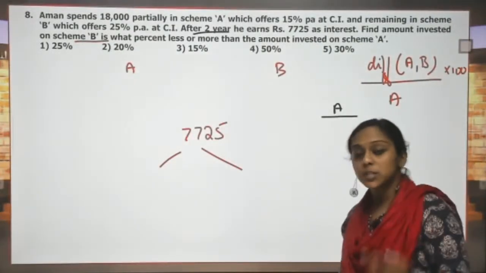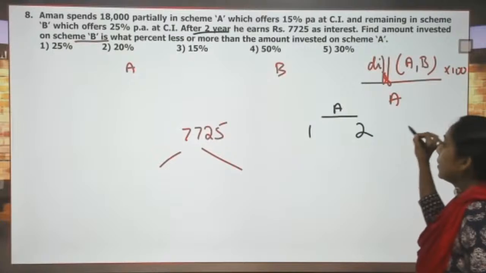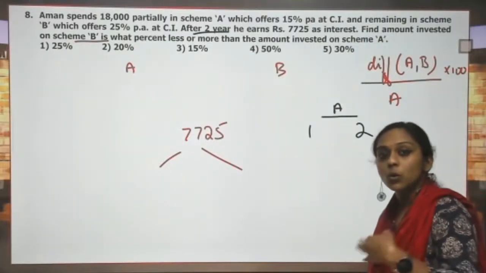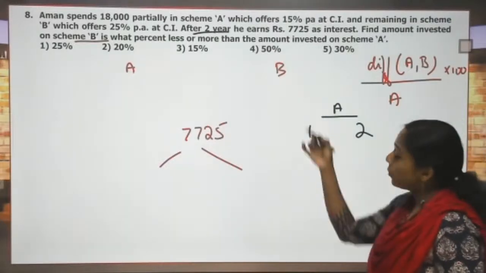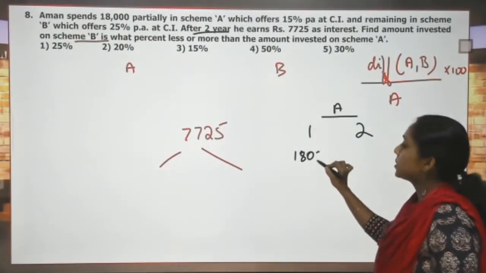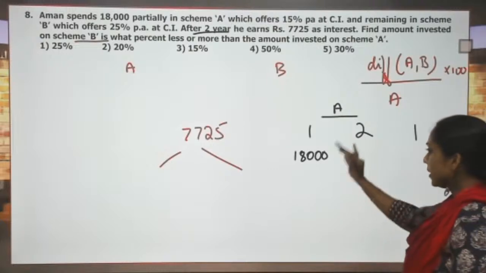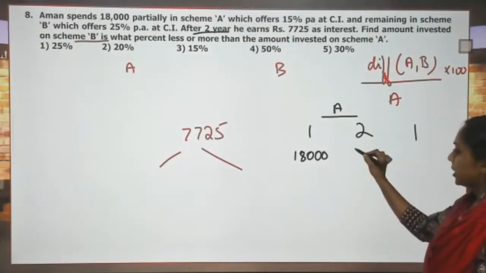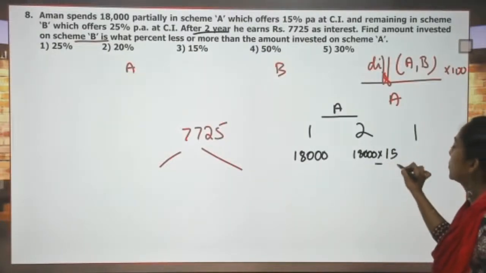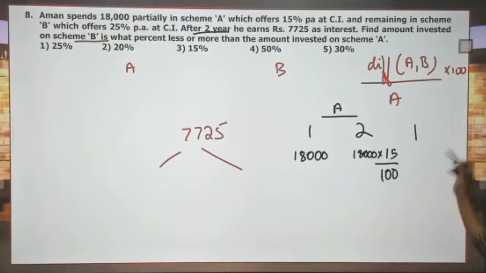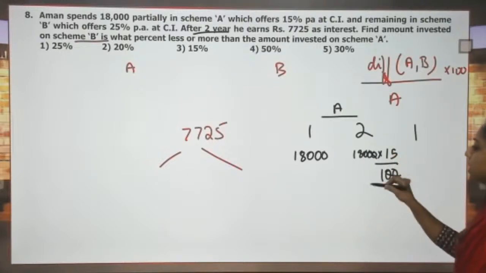If the time period is 2 years, you can go for 1 to 1. So 15%, and the principal is 18,000. Next it will be 18,000 into 15%, that will be 180 into 15.